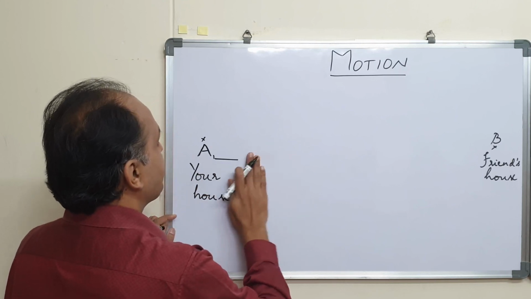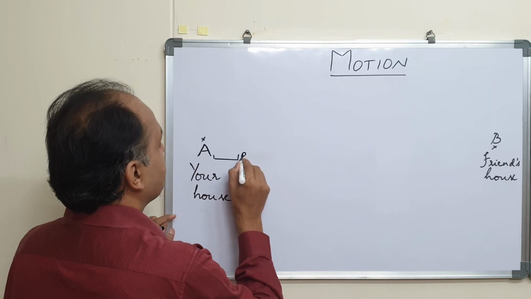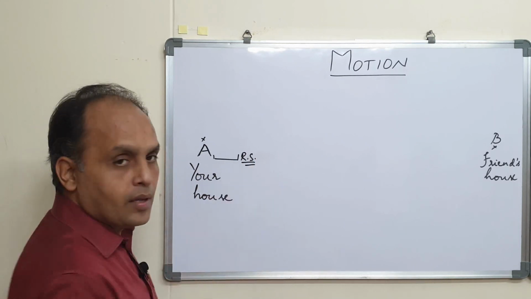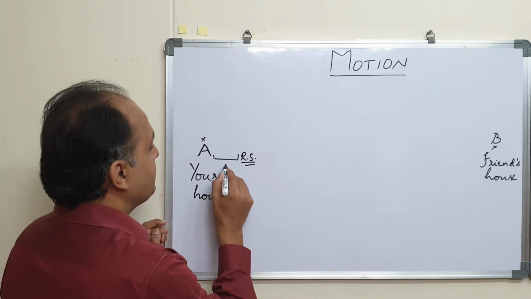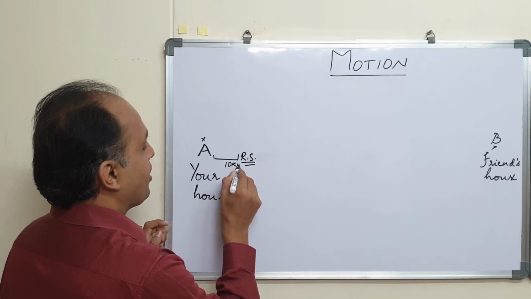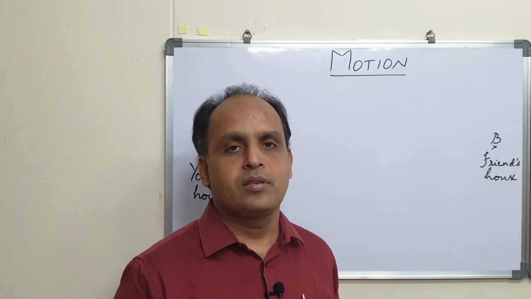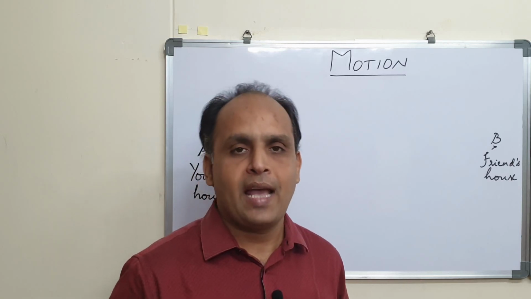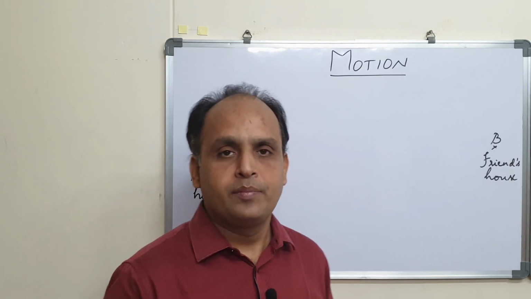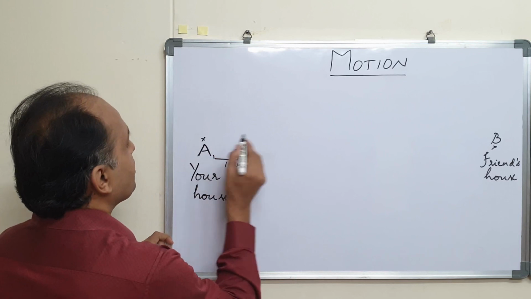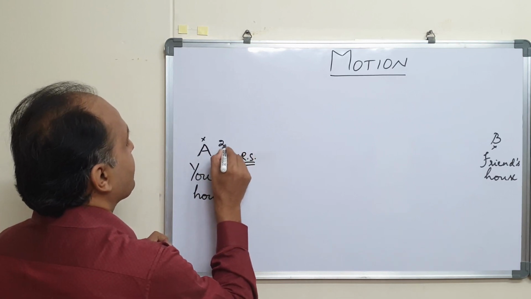Let us suppose that the railway station is some 10 kilometers away from your house, and to travel this distance, suppose you have used a cab, which took somewhere around 20 minutes.